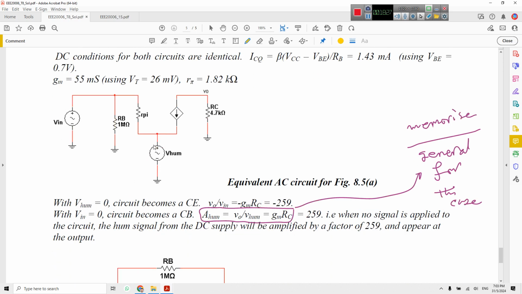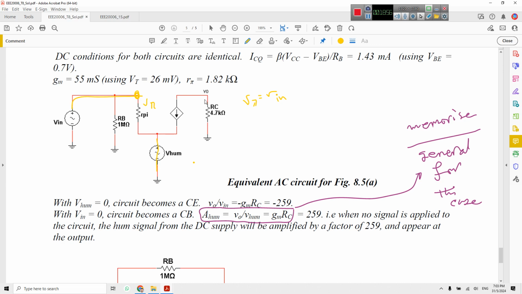if V hum is 0, which is this one, hum is equal to 0, what happened? V pi can be calculated: V pi equals V in, because here it is connected to this point.